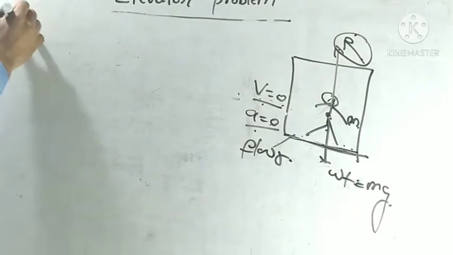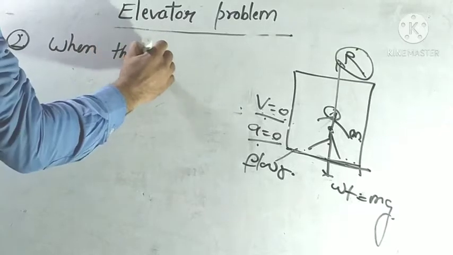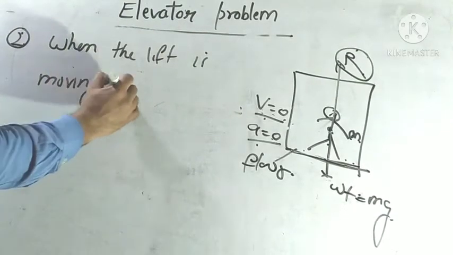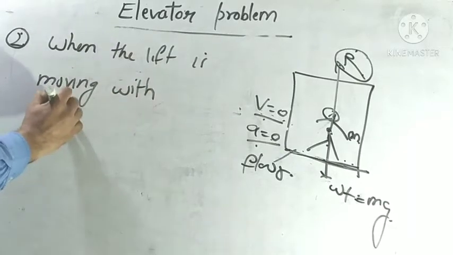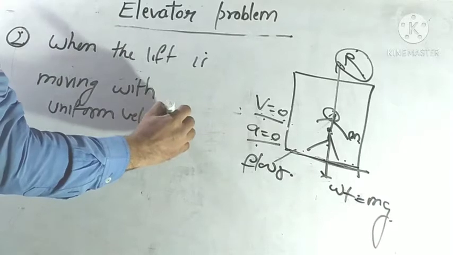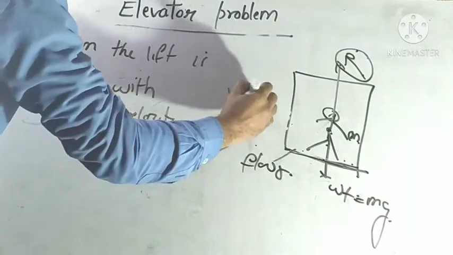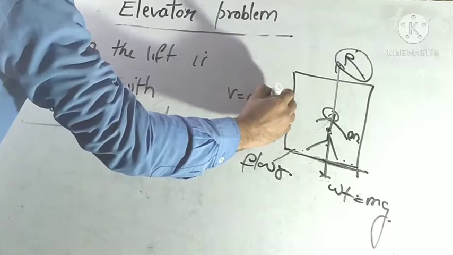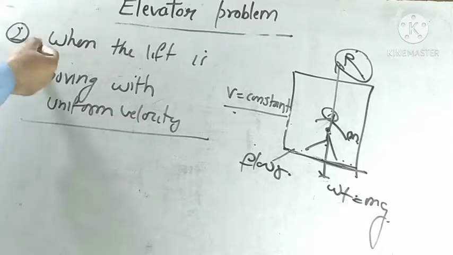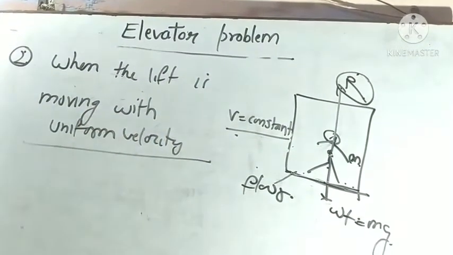Our case number 2: when the lift is moving with uniform velocity, V is equal to constant.